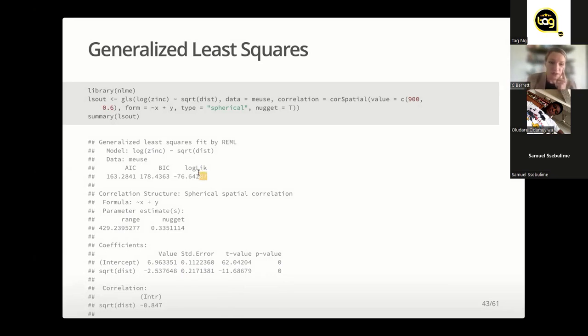Here are some things that you can do instead of fitting variograms. You can fit your GLS model using different correlation structures, and then choose the correlation structure based on a likelihood approach rather than fitting the variogram and then sticking with that approach.